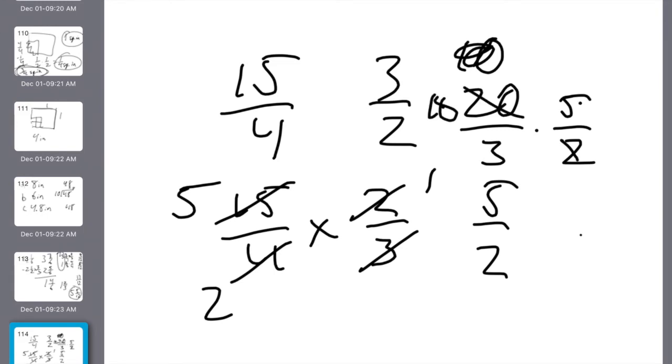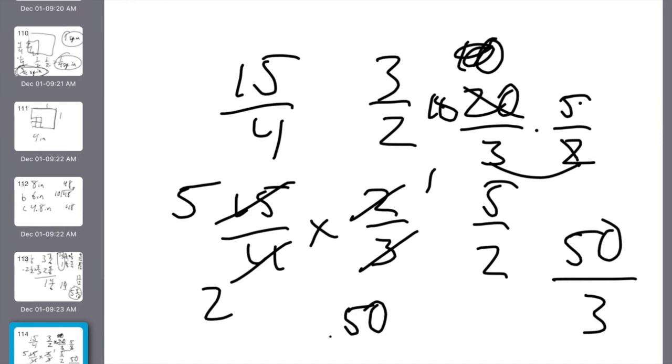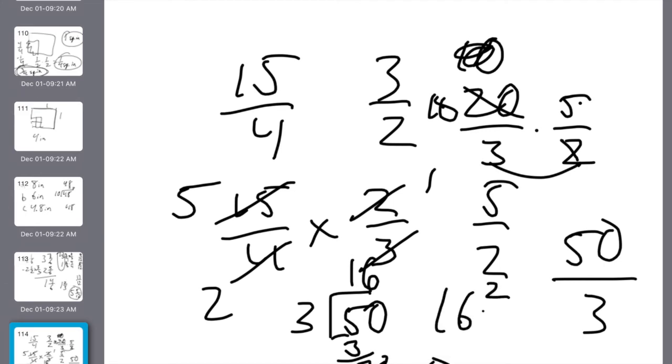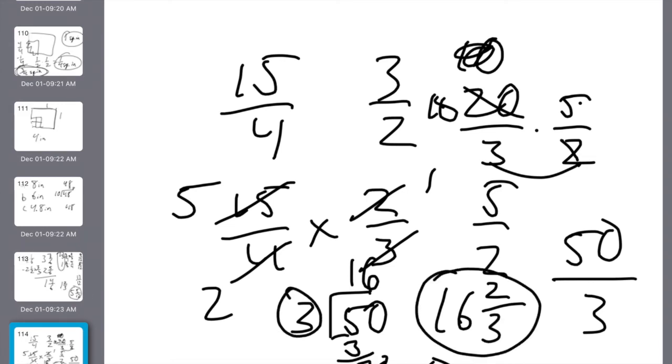I'm left with 10 times 5 is 50, 3 times nothing is 3, and now I have to divide that. So in the box, outside the box, 3 goes in there once, that's a 3, 20, goes in there 6 times, it's an 18, I'm left over with 2, so I have 16 2/3. Great problem. A lot of math to get it there.